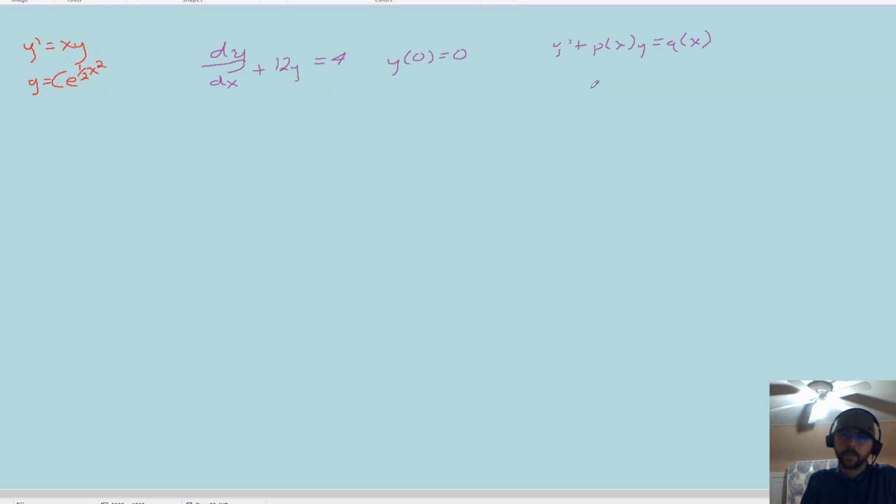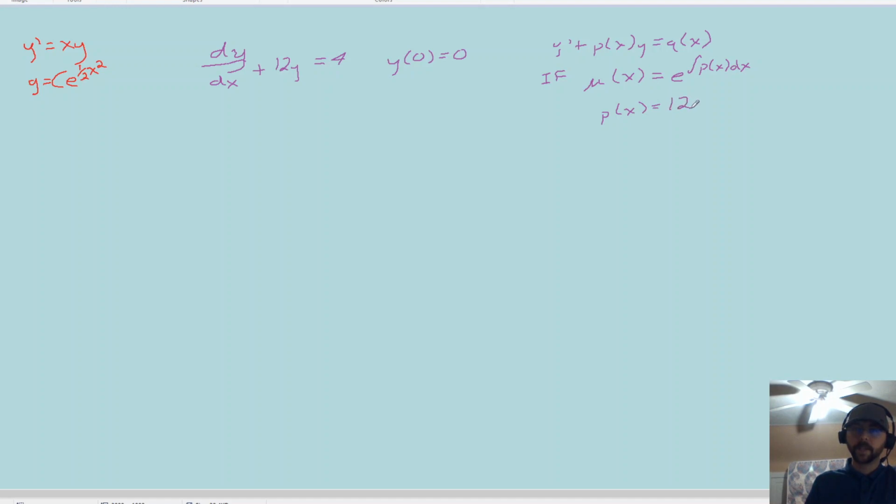And then you also need to know mu of x, or the integrating factor. I've seen some YouTubers abbreviate it as IF for integrating factor. I'm calling it mu of x, but it just means integrating factor, and it is equal to e to the integral of your function p. Now, for our specific problem, p of x equals 12.